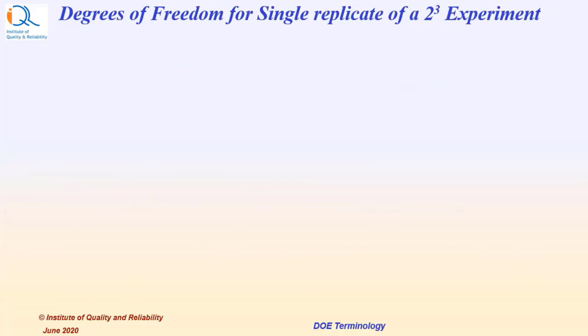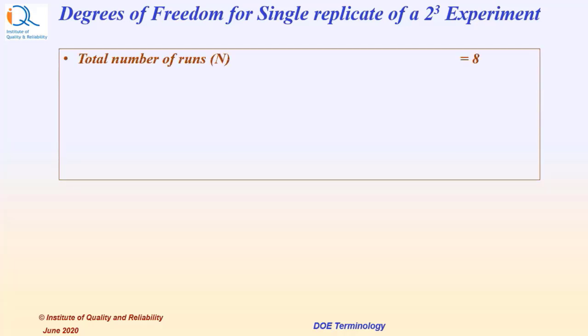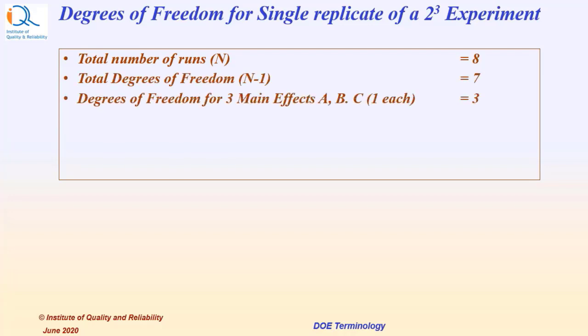Now degrees of freedom for a single replicate of 2 to the power 3 experiment. Total number of runs is 8, 2 to the power 3. Total degrees of freedom n minus 1, 7. These are available for analysis. Degrees of freedom for the 3 main effects A, B and C will be 1 each, therefore that is 3.